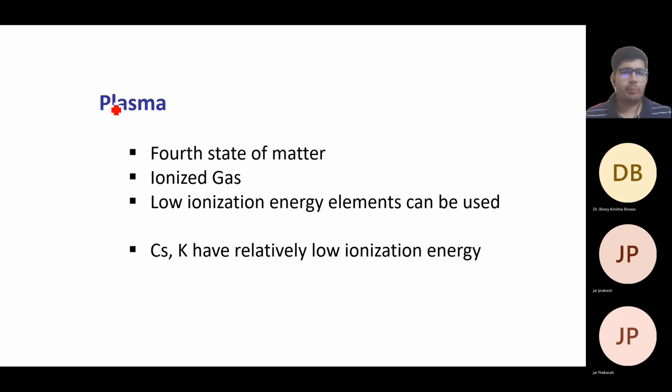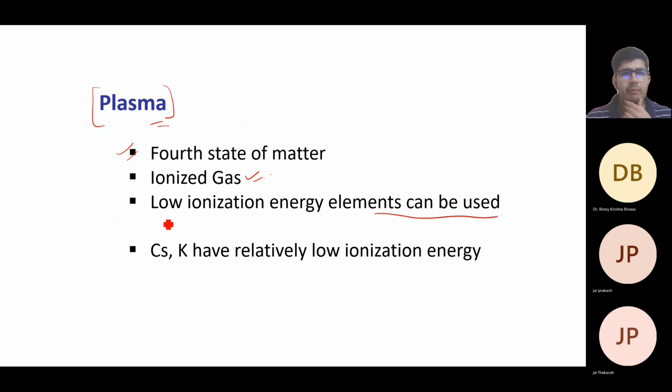So the important point is plasma. Plasma is the fourth state of matter. These are ionized gases which can be generated at very high temperature. And in this, low ionization energy elements can be used.